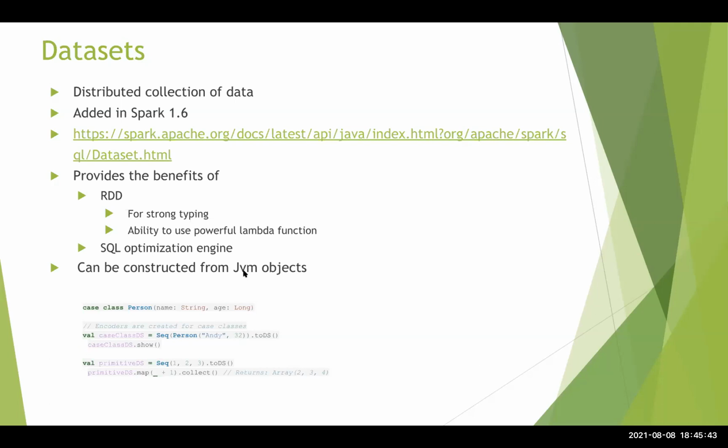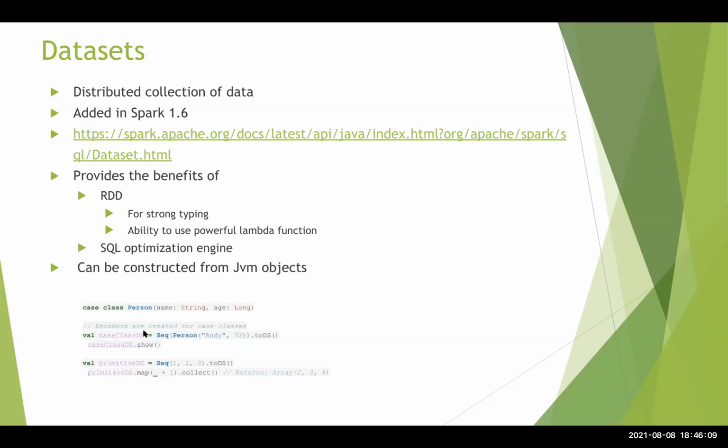While reading that file, you want to have a collection of the records in that employee object. There will be many employee objects, each object representing one record in that file. If you want such a representation of your data, that is when you use dataset.